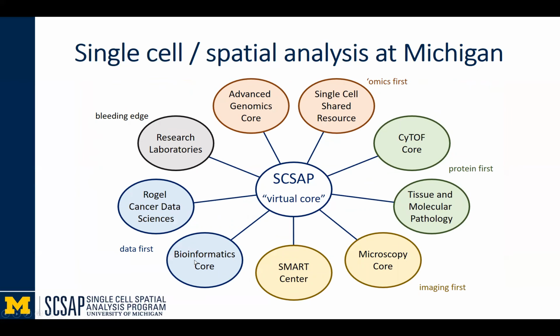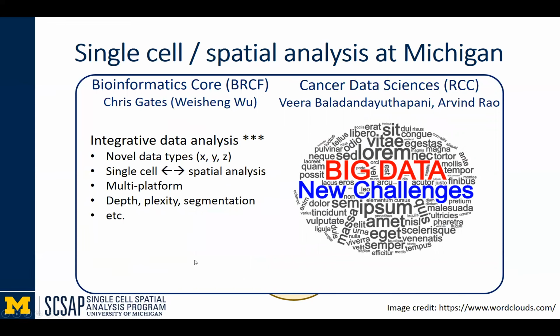All right, so now we have to move to a different concept, which Evan clearly set up already, which is that everything we're talking about here generates big data and presents new and actually very exciting challenges and opportunities in data analysis. And that includes the fact that we have X, Y, and Z planes now with our sequencing data. We have to actually engage in this correlation of single cell to spatial analysis data modalities.